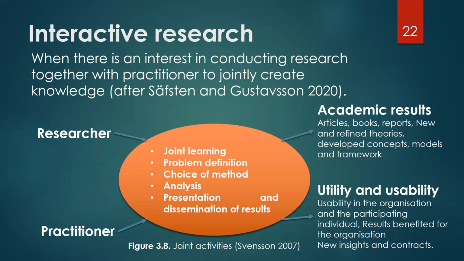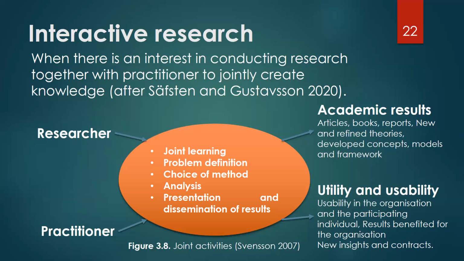And we have interactive research, which is very popular in Nordic countries actually. In this type of research, one person from industry and one person from academia work together from the beginning up to the end. On one side, we have the researcher and the practitioner, who can be a representative of an organization or from the industrial section.